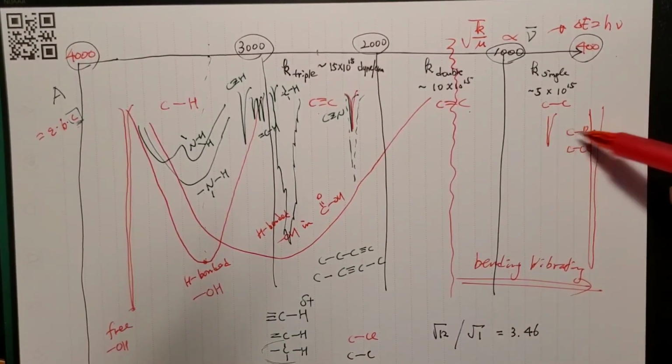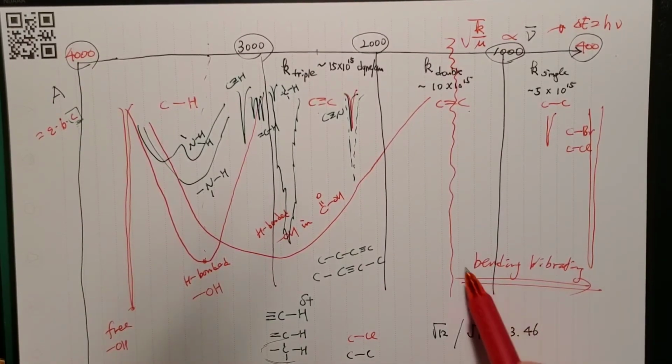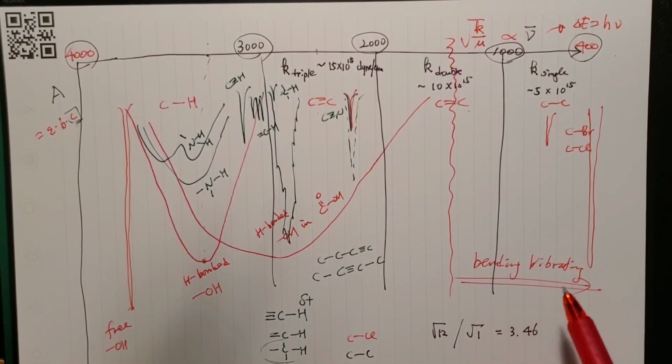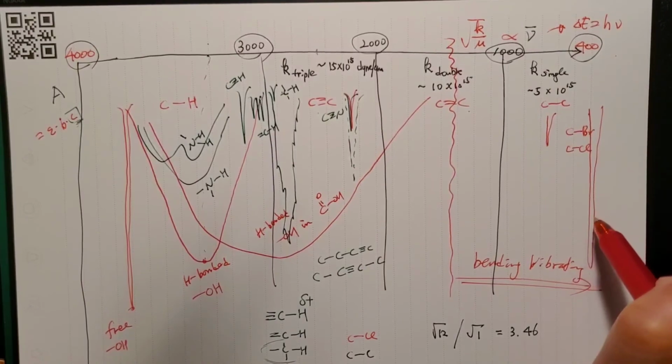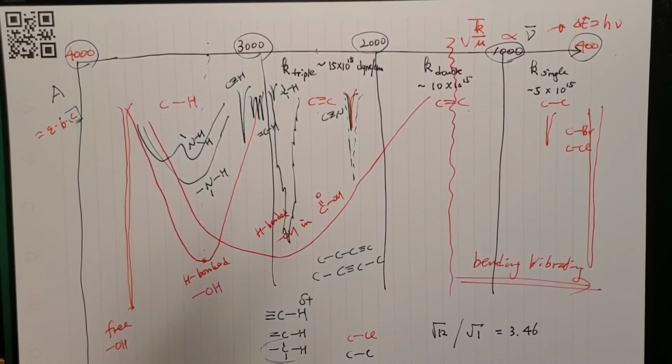Those stretching signals can be buried or competing with the bending vibration signal. So when you give some assignment, you have to be extremely careful. That's not a trusted area.